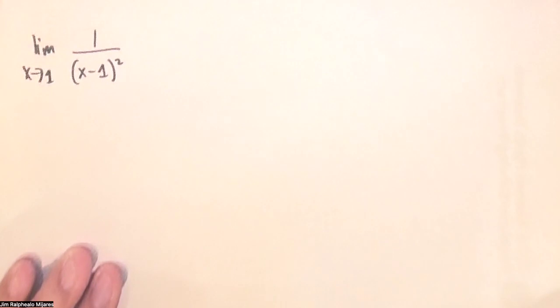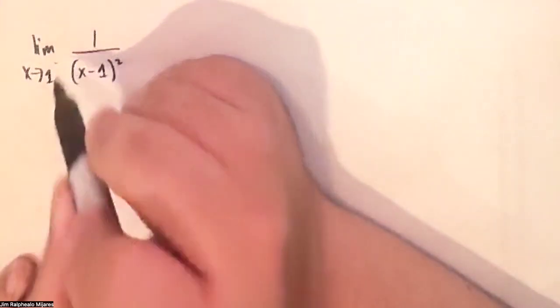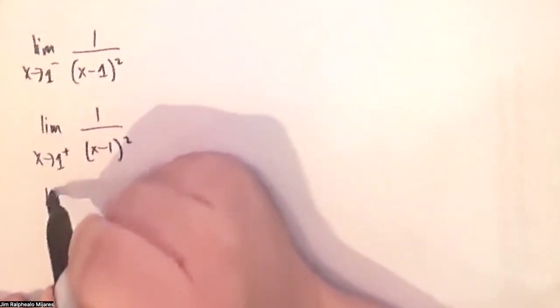Now, what if we look at this function right here? What if we look at 1 over x minus 1 quantity squared, and we find its limit as x approaches 1 in general? Of course, that means we're going to find the limit as x approaches 1 from the left, x approaches 1 from the right, and of course, the two-sided limit.